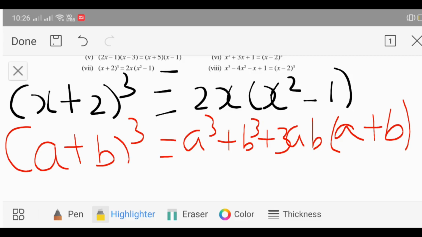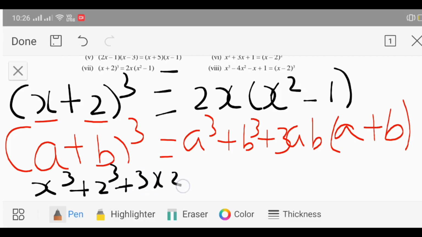Here a is x, b is 2. So a³ means x³, b³ means 2³, 3ab means 3 into x into 2. Now a + b is x + 2.